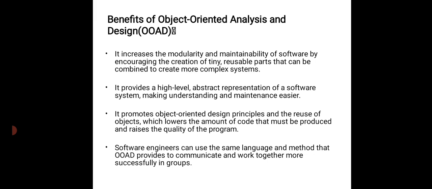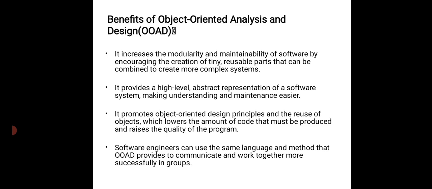Next, let me discuss the benefits of object-oriented analysis and design. What kind of benefits can we see? It increases the modularity and maintainability of software by encouraging the creation of tiny reusable parts that can be combined to create more complex systems. Next, it provides a high-level abstract representation of the software system, making understanding and maintenance easier.